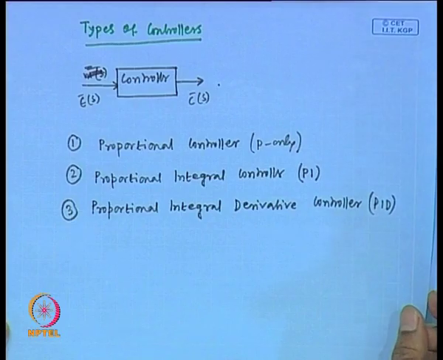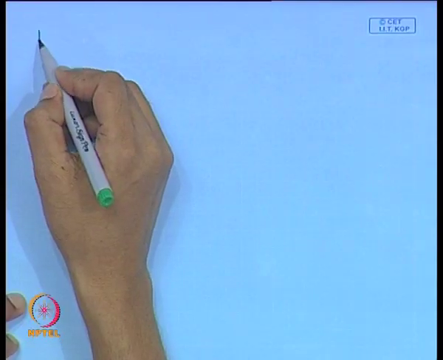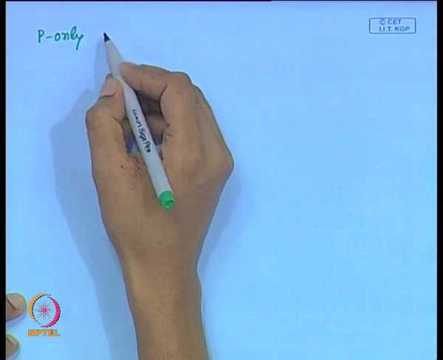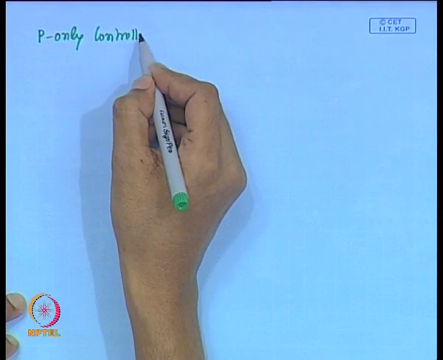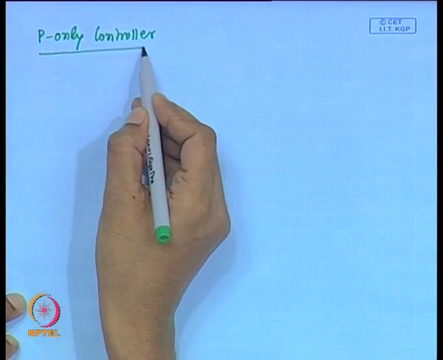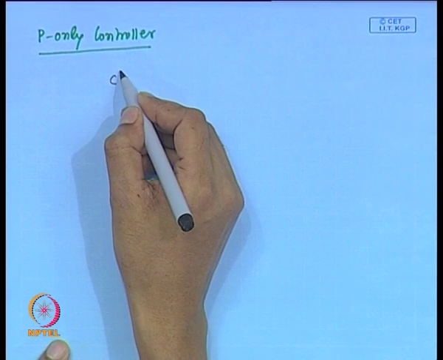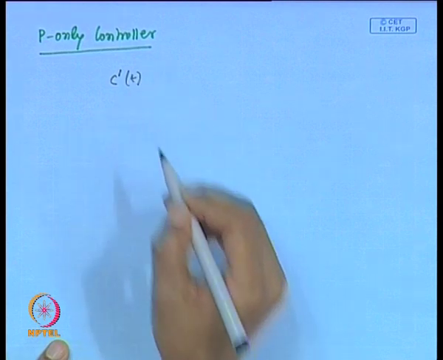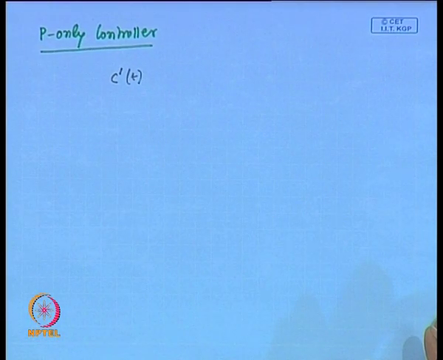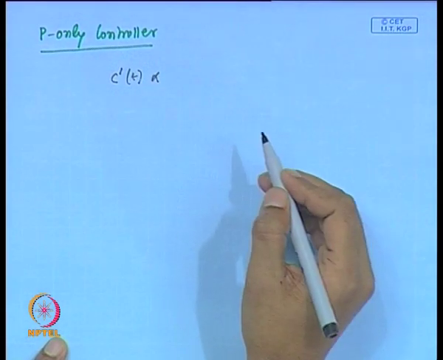So, first we will consider proportional or P only controller. The controller output C, which can be written in terms of deviation variables as C prime t, is proportional to the error signal.